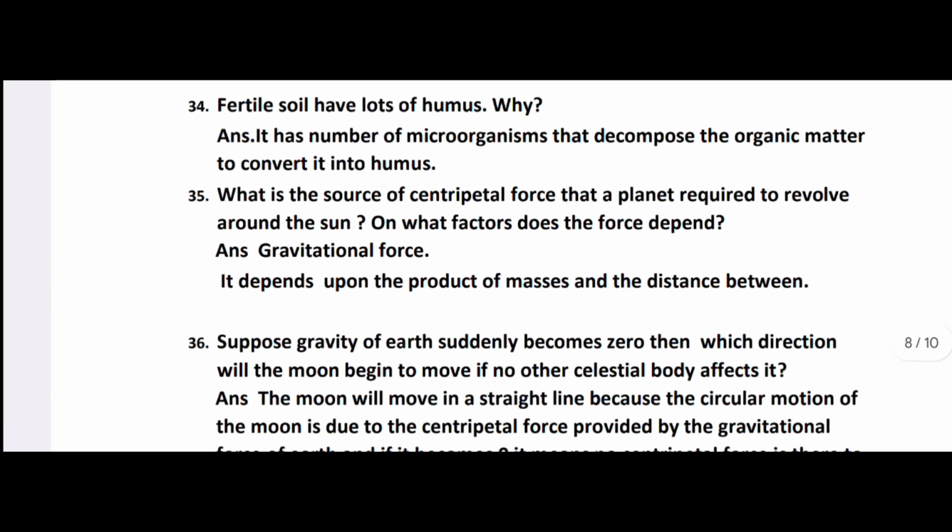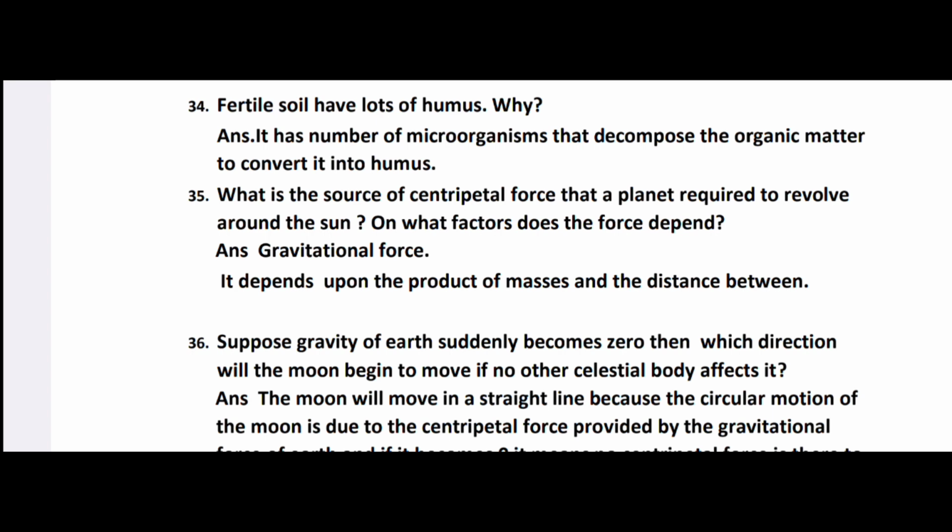Now question number 34. Fertile soil have lots of humus. Why? Answer is, fertile soil has a number of microorganisms in it that decompose the organic matter and convert it into humus. 35th question.